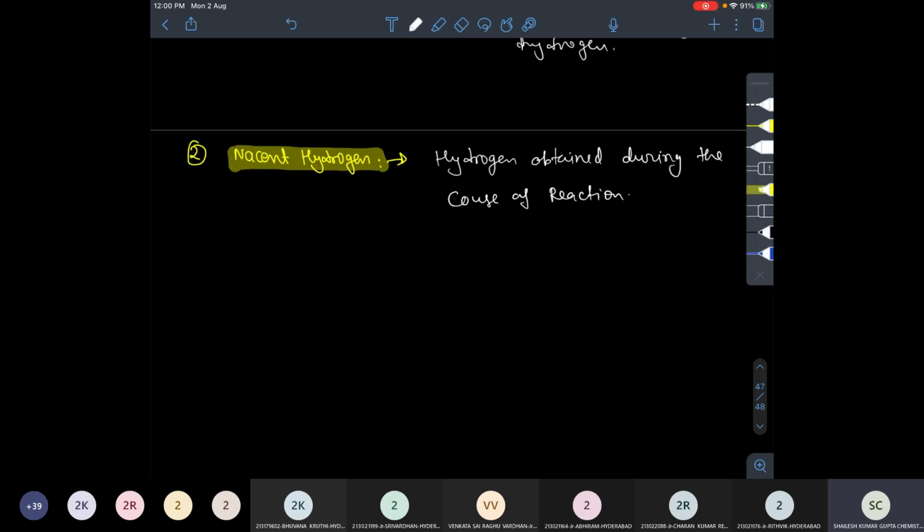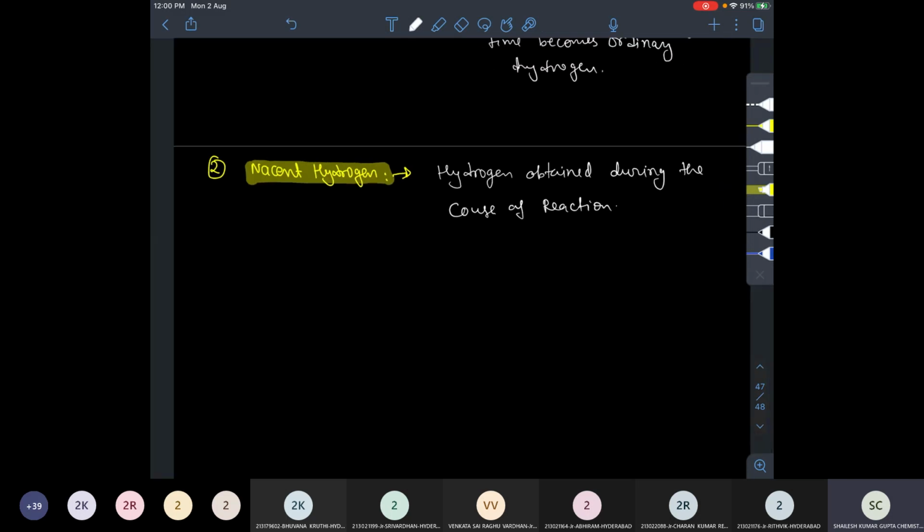This is also said to be newly born hydrogen, and this can also be termed as newly born hydrogen. Right? So now what is the difference between them?